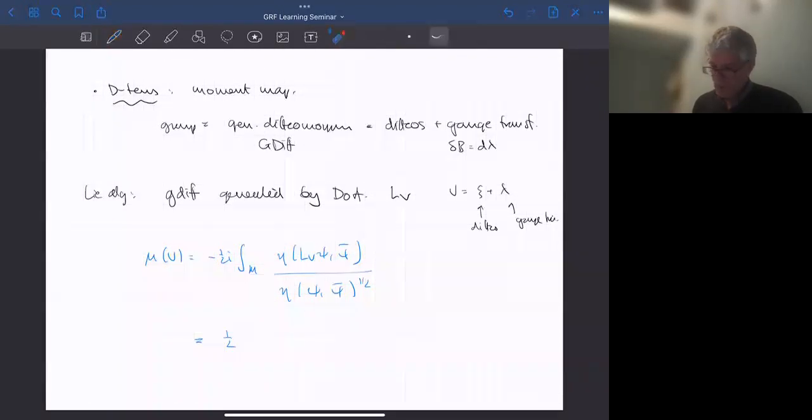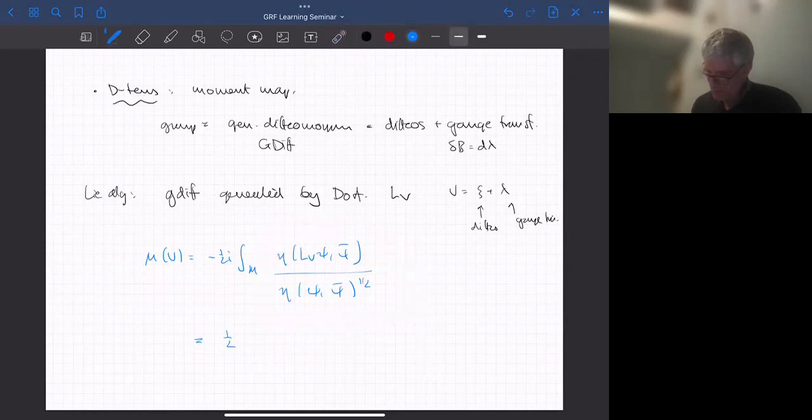So the whole thing here, I get a determinant bundle squared from the top, determinant bundle from the bottom. So this thing is like a determinant bundle, so I can integrate it. Okay. And if you work it out, you get the following.